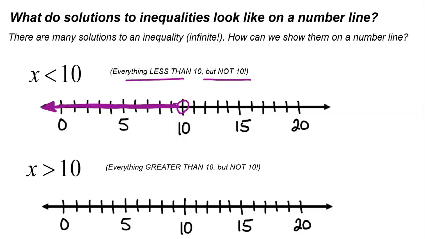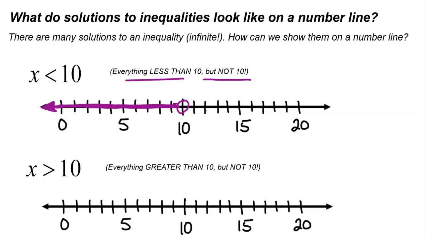Any of these numbers here in this purple region would make this true. So 5 is less than 10, 0 is less than 10, 1 is less than 10, 2 is less than 10. All of these numbers to the left of 10 would be a solution to that inequality. And likewise, anything to the right of 10 would not be a solution. So 10 is not a solution. That's why that's an open circle.